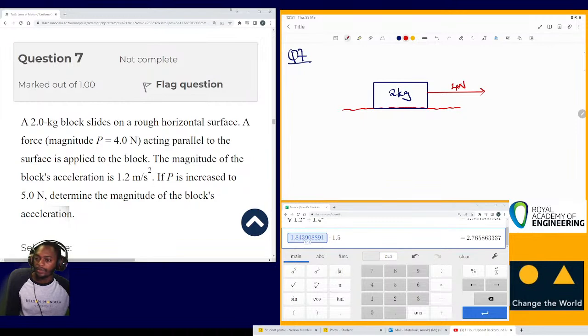What else do we have? The magnitude of the acceleration is 1.2 meters per second squared. So A is equal to 1.2 meters per second squared.